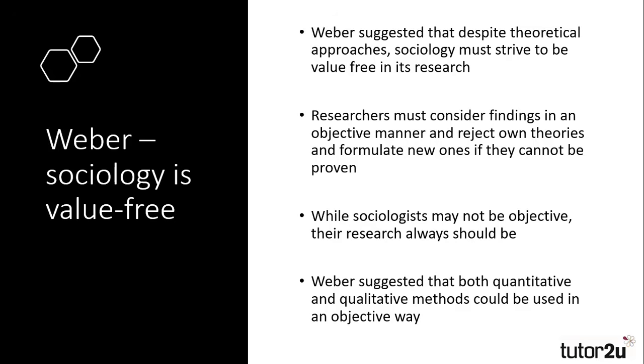Weber also suggested that if sociologists reject their hypothesis if unproven, this can lead to the development of new theories and therefore enhance the knowledge base of sociology. Whilst he acknowledges that sociologists are unlikely to be objective, Weber suggested that their research always should be, holding sociologists to the highest moral and ethical standards. For Weber, data, whether quantitative or qualitative, should be collected and analysed in an objective manner.